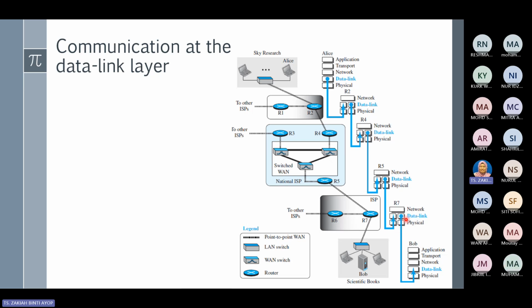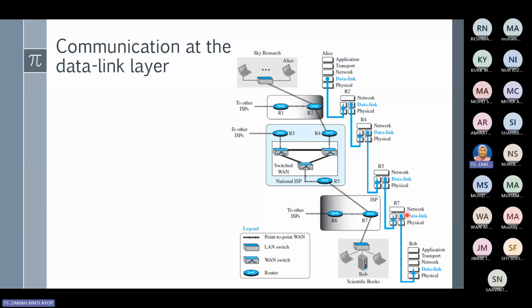And then from the R7, it will check on its data link layer where it contains the destination forwarded to the R7. And then R7 would encapsulate back again and decapsulate and then open where is the final destination contained inside the network.